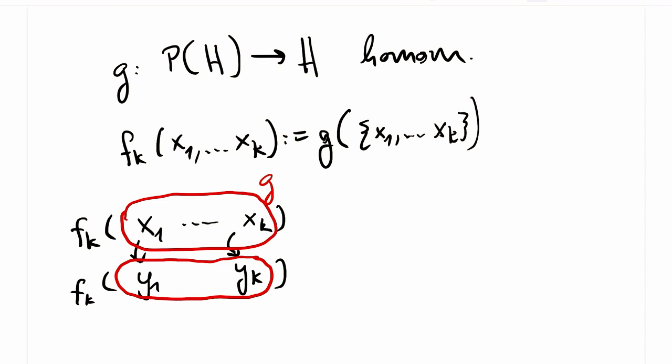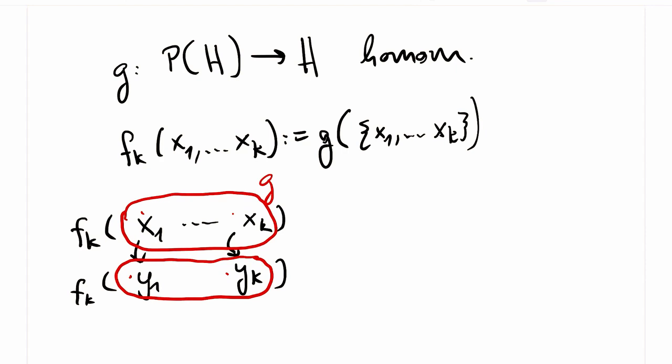When is there an edge in P of H between those bags? Always, right? Because the definition of P of H says for every element in the first bag, there must be an element in the second bag, so that the two elements form an edge, and vice versa. For every element in the second bag, there must be an element in the first bag, so that the two elements form an edge. This is clearly satisfied by the choice of our x's and y's.